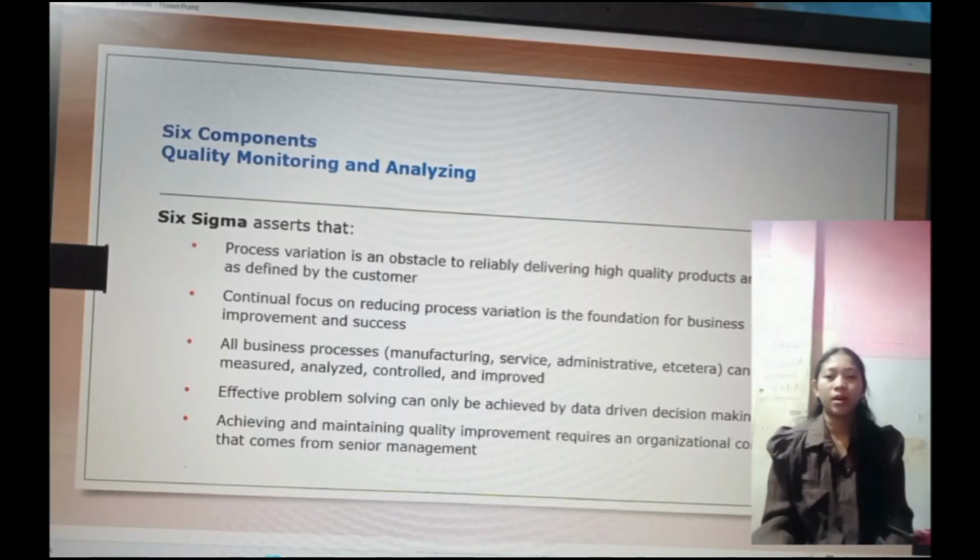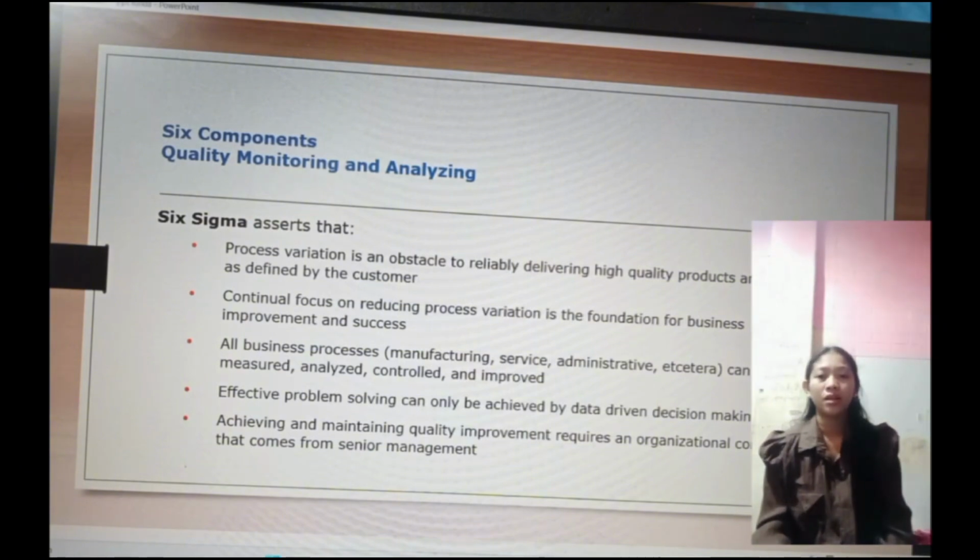Next, Six Sigma, a set of qualitative and quantitative or statistical techniques to systematically improve processes by eliminating defects and process variations.